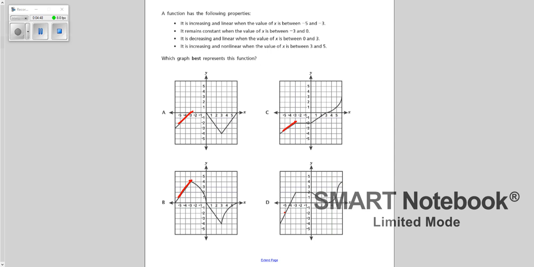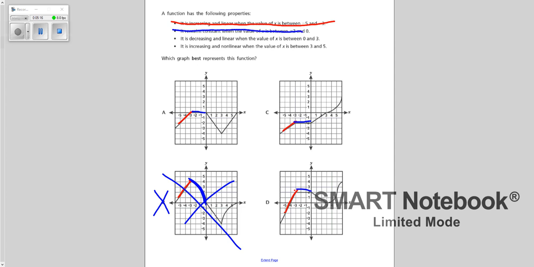And in graph D, all right, so that first bullet point doesn't help us because they're all increasing and linear between -5 and -3. Now the next one says it remains constant between -3 and 0. Graph A does. Graph B, nope, that's actually decreasing and nonlinear. So this one's out. Graph C, good, constant, and graph D, constant, good. So we're done with the second one.